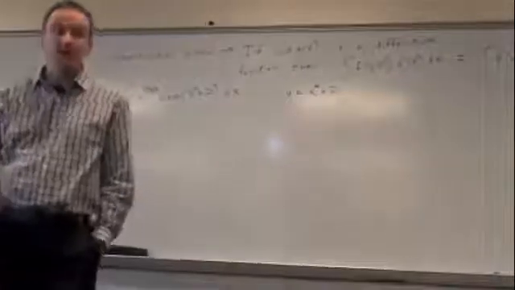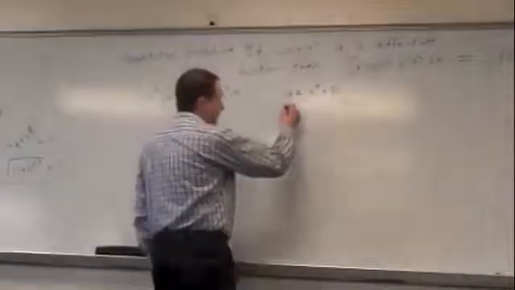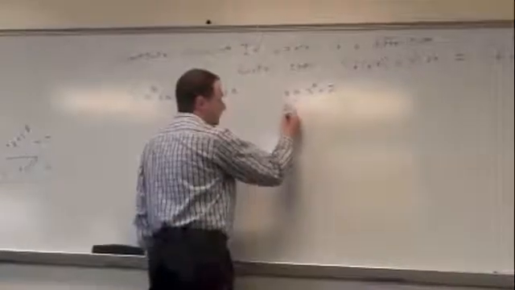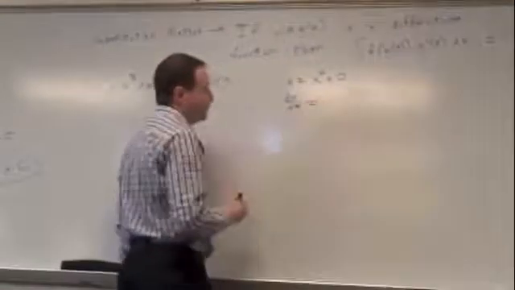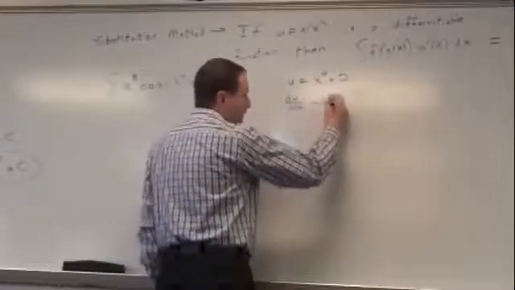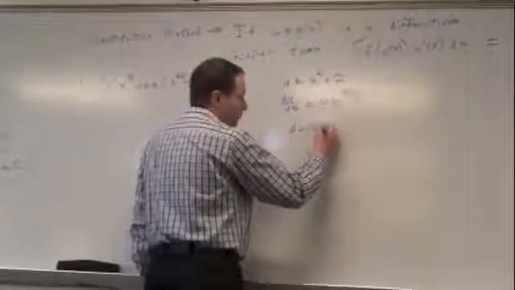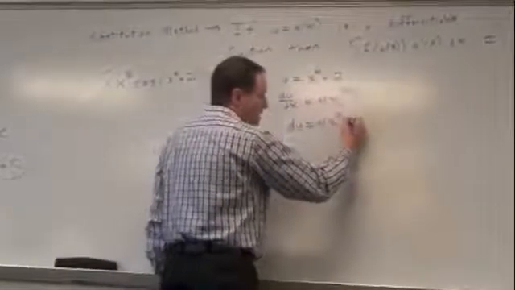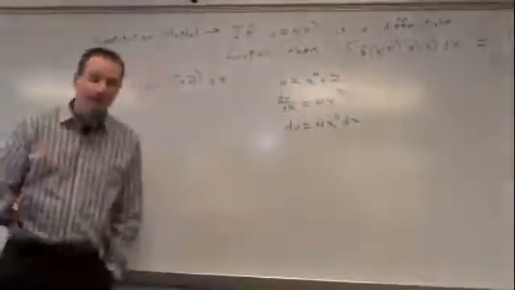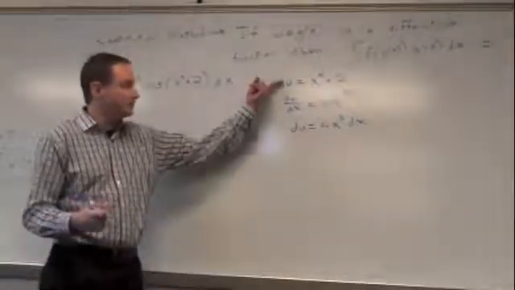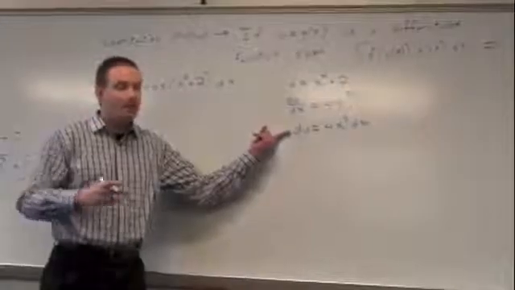then du, and if you want to do du dx, you can say the derivative of u with respect to x would be 4x to the third. So du is 4x to the third dx. Of course, it's best if you can go directly from here to here.